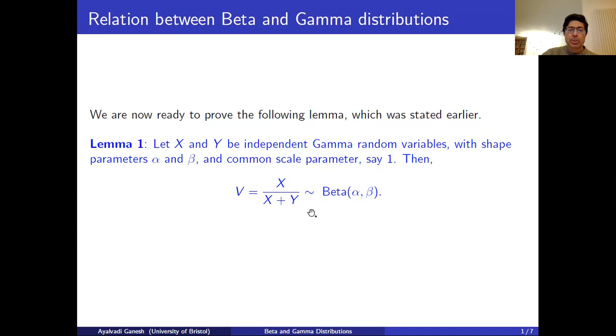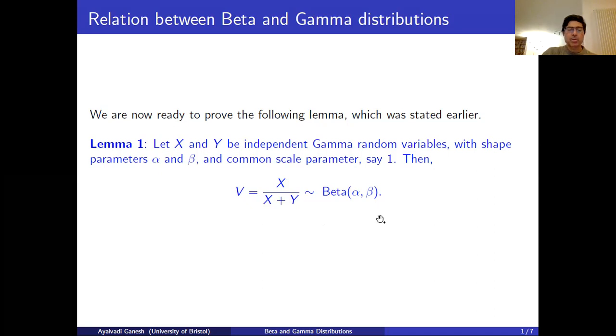Before you go on, you should make sure that you fully understand the statement of the lemma, all the definitions, the terms involved, and therefore that you understand what we need to show in order to prove this lemma. We need to compute the density of V and check that it does have the density that this beta distribution has.